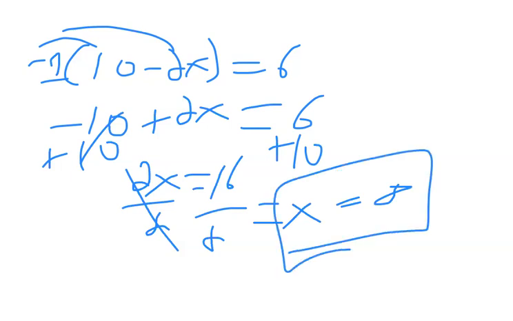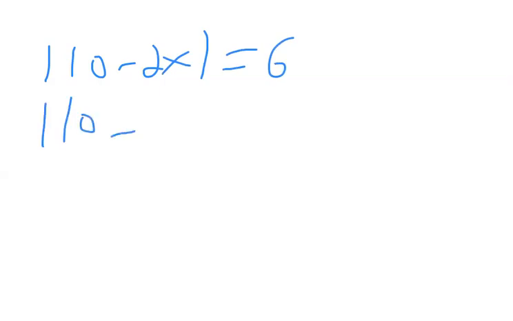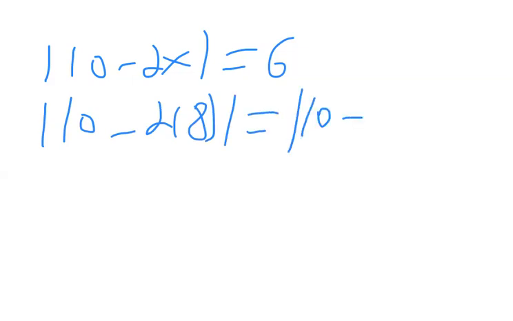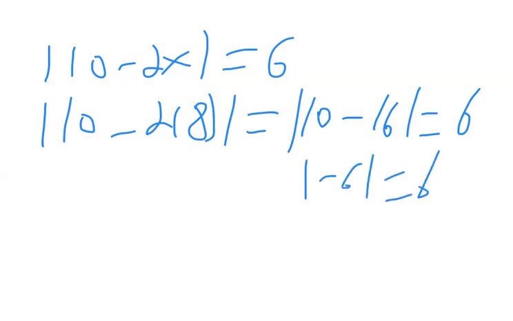That might not be the only answer, but let's see if 8 is an answer. 10 minus 2 times 8 is 10 minus 16, which is negative 6, and the absolute value of negative 6 is 6. So yeah, that does work out. So x equals 8 is an answer.